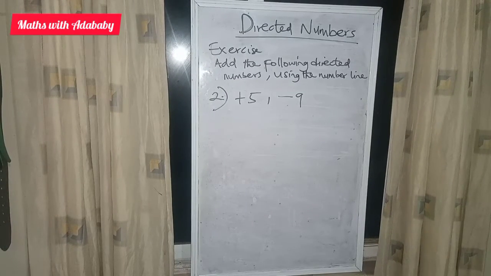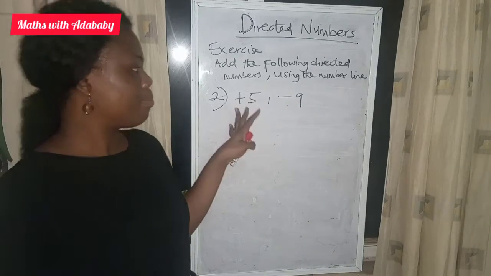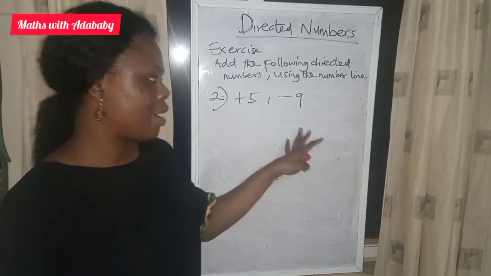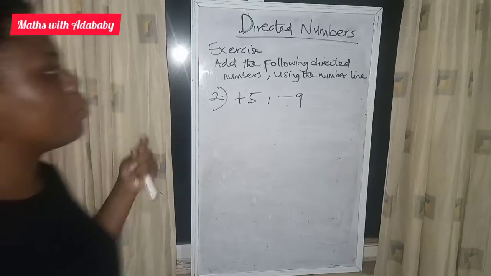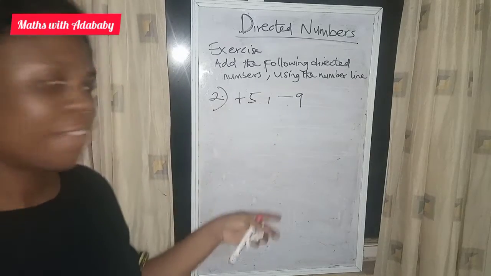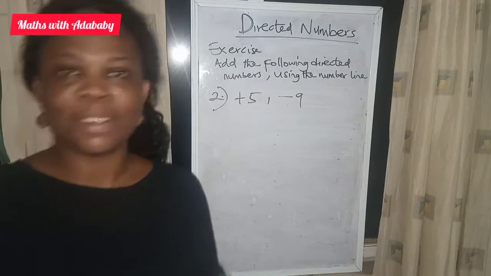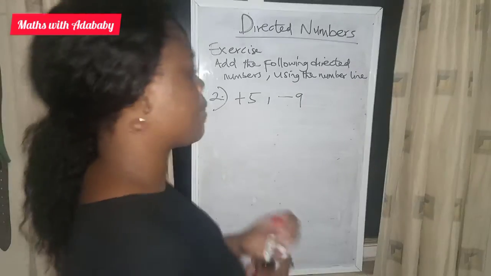So now the second question we're going to be handling says plus 5 minus 9. Now, in this example, we will be adding plus 5 and minus 9 in the number line. Now, let's see what it means.